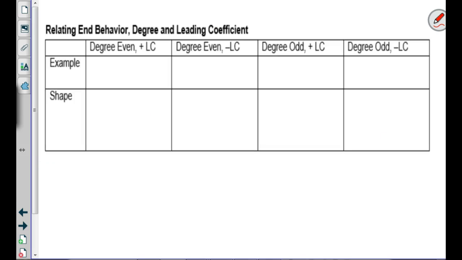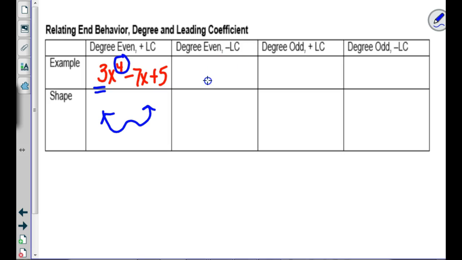All right, so that's what this little chart is for. It says degree is even, leading coefficient is positive. So an example would be like 3x to the 4th minus 7x plus 5. That's leading coefficient 3, degree 4, and the shape would be both ends up. I don't know exactly what it looks like, but I know both ends are going to point up. All right, can anybody tell me what the same degree does with a negative out front?